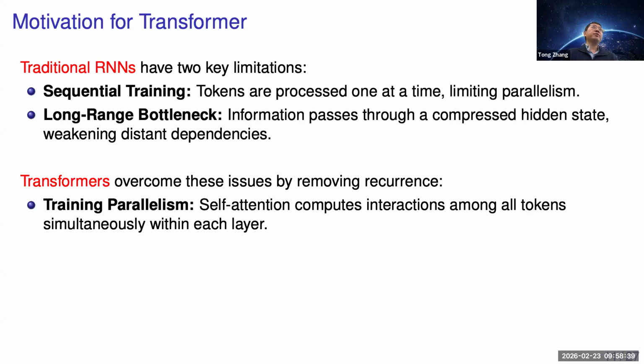It doesn't save flops, the floating point operations, but what is saved is parallelism. So basically, you can train efficiently on GPUs, which are strongly parallel, while sequential you can't.